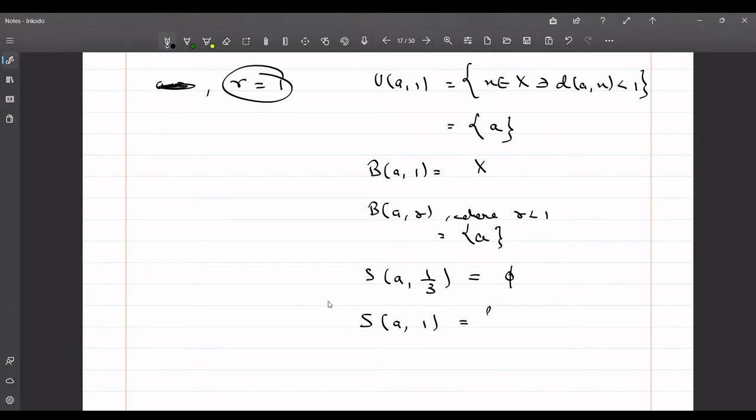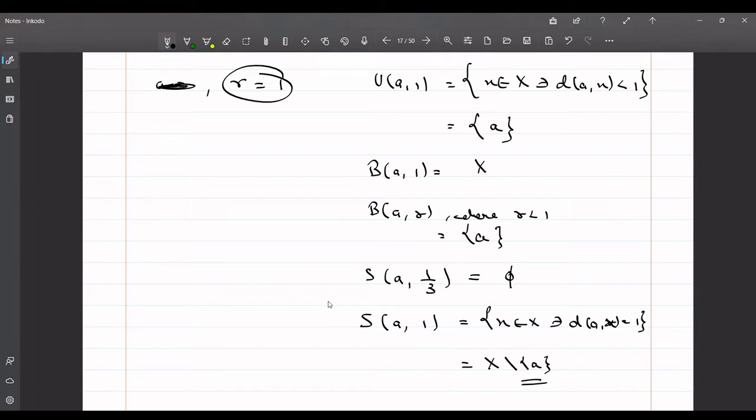This is the set of all elements x such that the distance of a and x is 1. Every element from the metric space has its distance from a equal to 1 unless it's equal to a. So this is the whole of the metric space except a. So these were a few examples related to the discrete metric spaces. Clear?